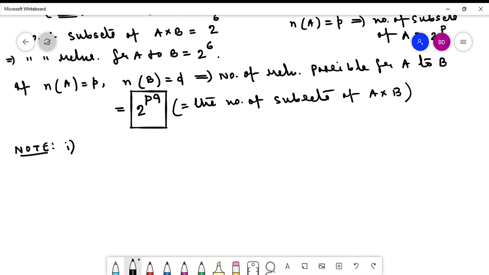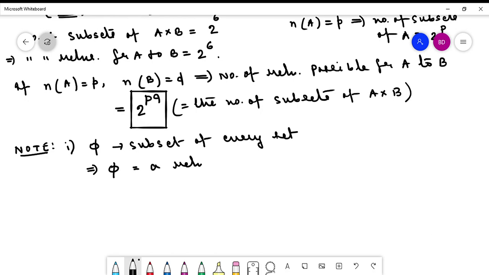First point, null set is a subset of every set. So in particular, null set is a subset of A cross B also. So if null set is a subset of A cross B, then by definition, it is a relation. So this implies that the empty set or null set is also a relation from A to B.